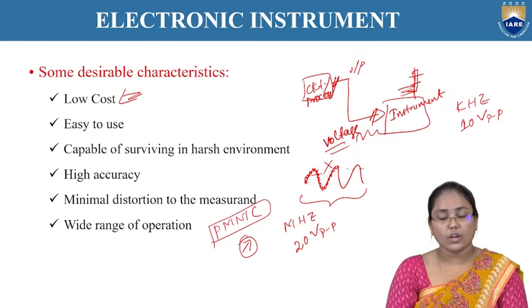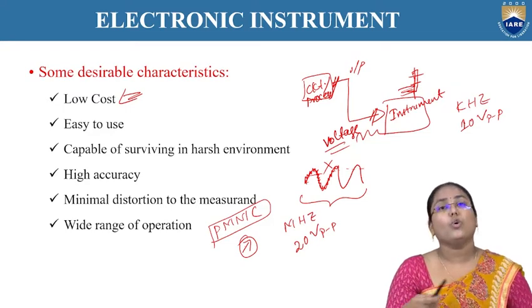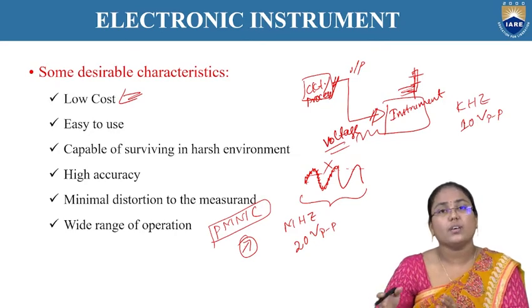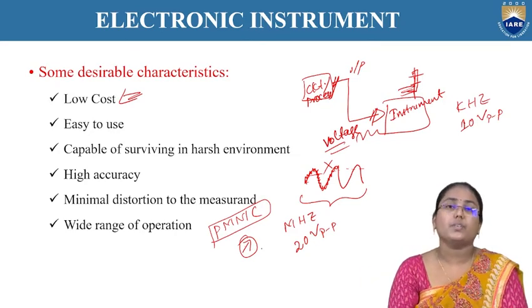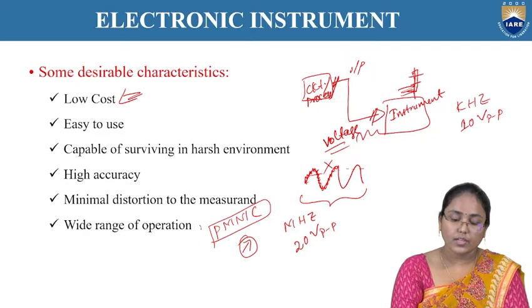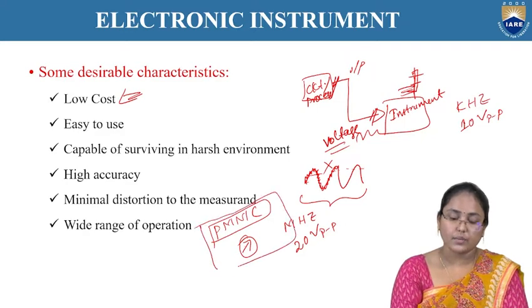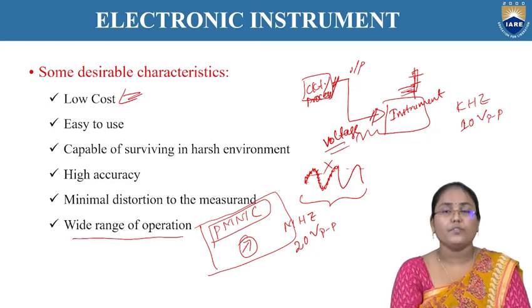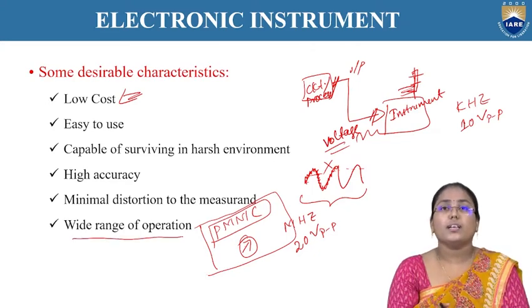It can also be used in the construction of the ohmmeter, which is used to measure the resistance value, and also in digital voltmeters this particular meter is being used. Now, I can say that this PMMC instrument has a wide range of operation. So these are the desirable characteristics.